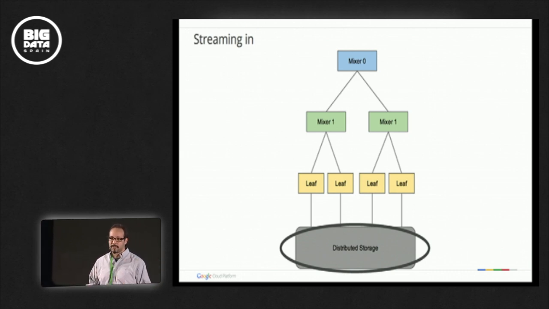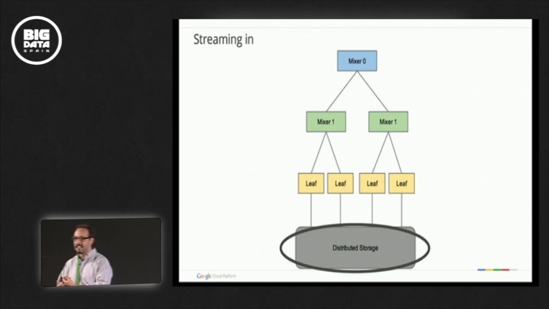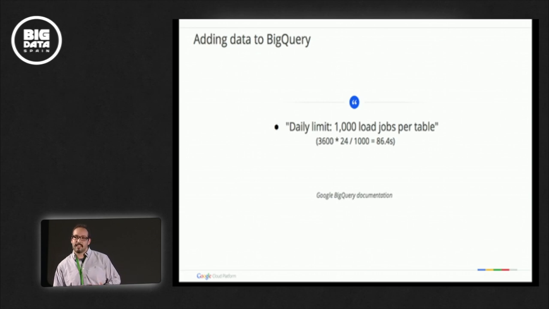That's very fast to read, but we have this limitation of how much data you can put in. How long does it take to put data inside your database? And we have this limit of 1,000 load jobs per day. That's a lot. 1,000 is a big number, but it still made you wait at least 90 seconds before doing a load job.